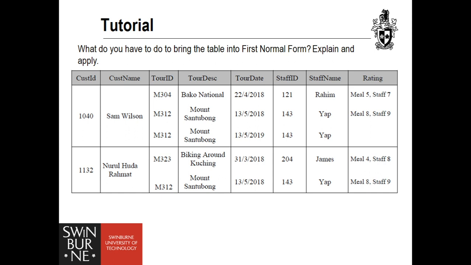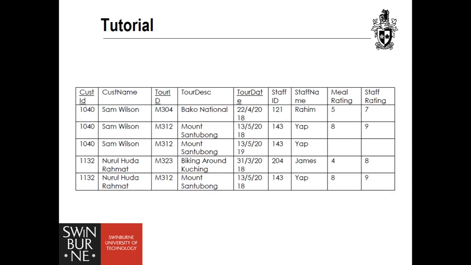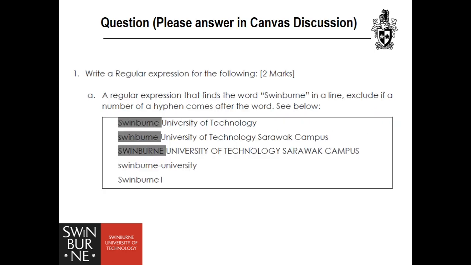So, as a tutorial, what do you have to do? Bring into first normal form, explain and apply. I divided the rating to become a meal rating and staff rating. Okay, so please answer this in the Canvas discussion.